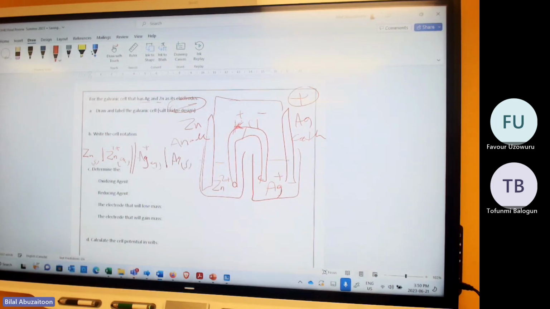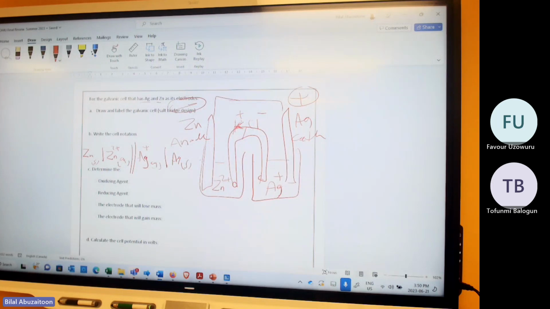This is the cell notation. The oxidation should be on the left, the reduction should be on the right. Determine the oxidizing agent: the oxidizing agent is the entity that is reduced.